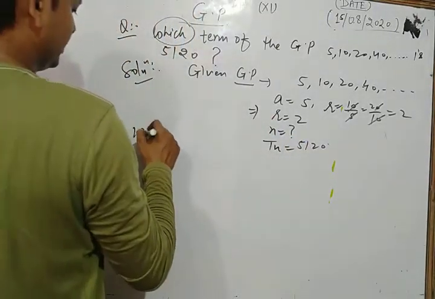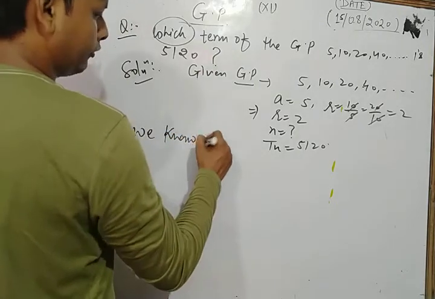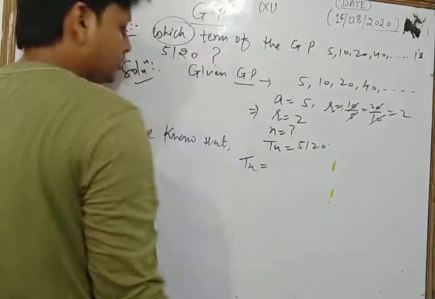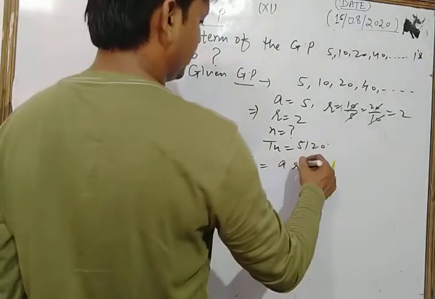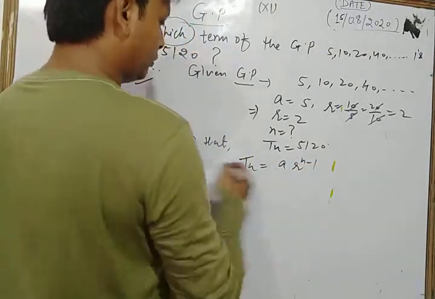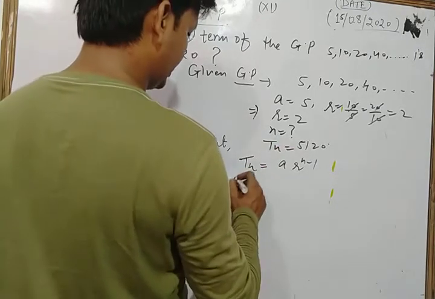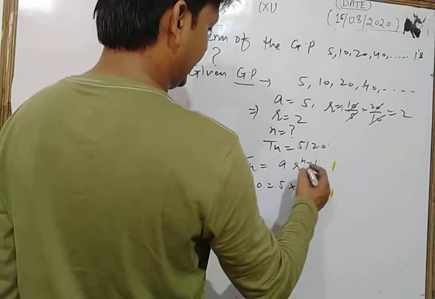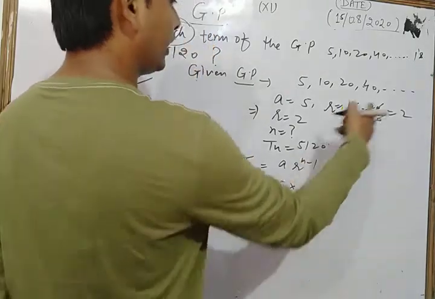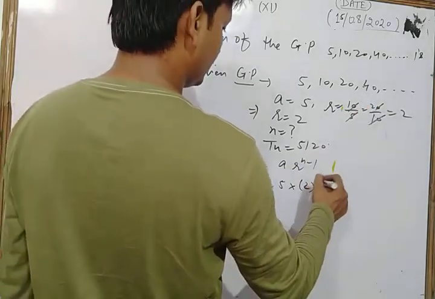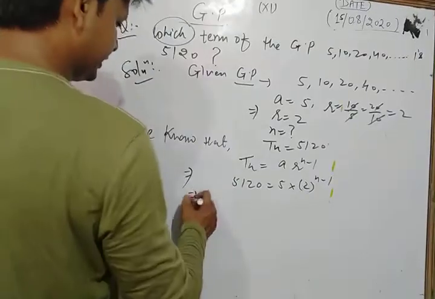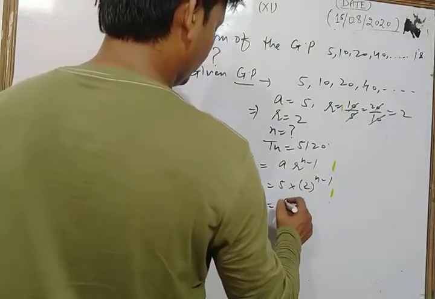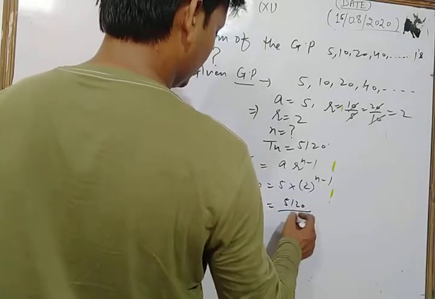Since we know the formula, the general term of the GP is A r to the power n minus 1. So we put the values: 5120 is equal to 5 into 2 to the power n minus 1. Now we have 2 to the power n minus 1 is equal to 5120 upon 5.